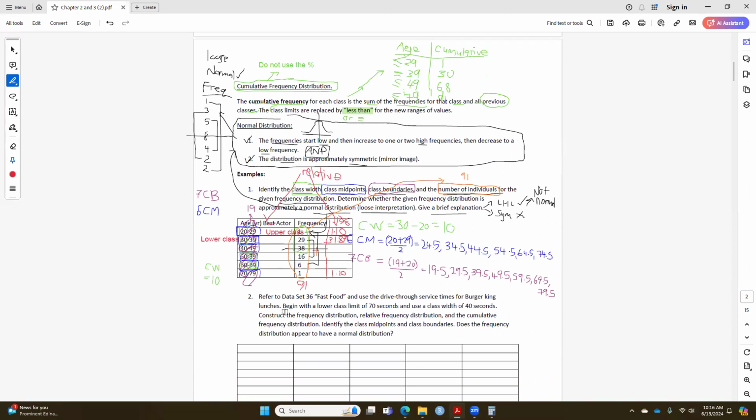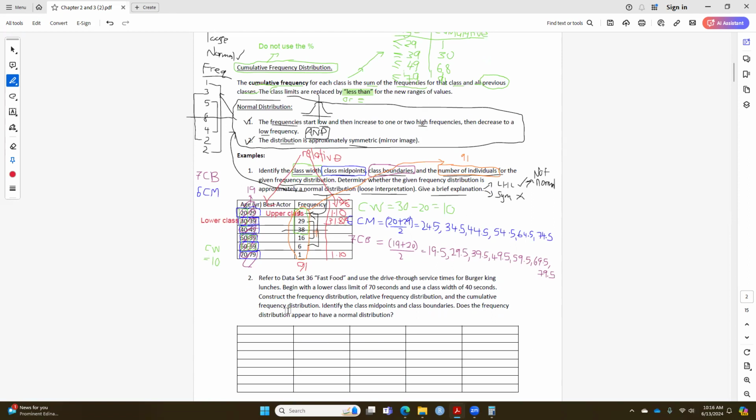Now we can look at question number 2. This is what you will get in my midterm. I will say that this question 2 is your midterm question. When I say this question 2 is the midterm question, it's not exactly like this question, but it will look very similar.